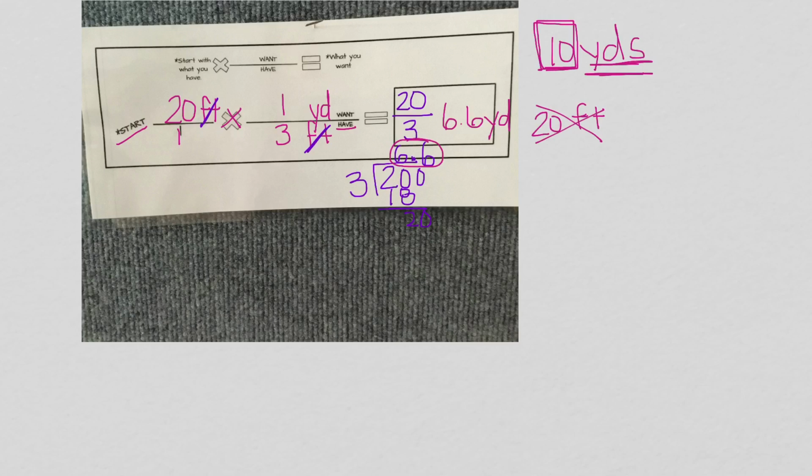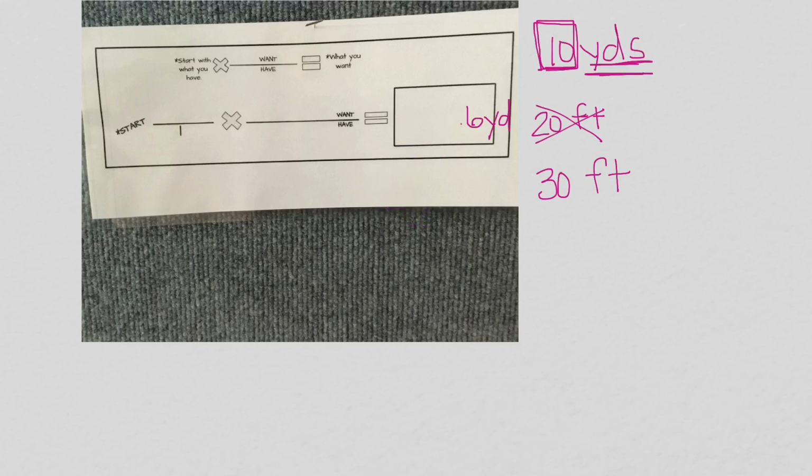Then if I look at the other one, if I did 30 feet and I want to convert it to yards, I'm going to use this chart again. And I start with 30 feet. And I want to get to yards.